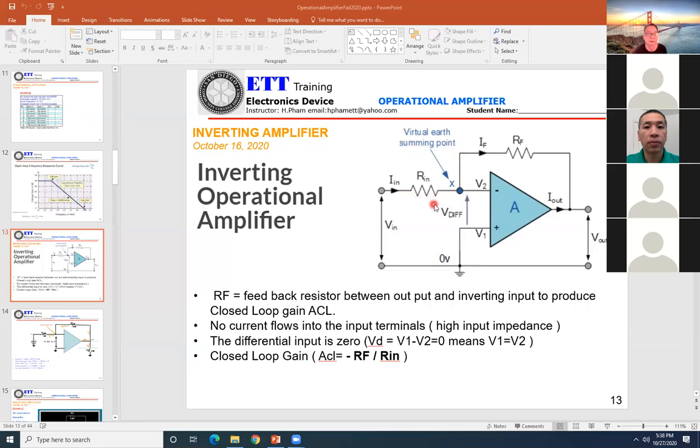That's why they claim it is virtual. Current can flow through. So the current still goes through, but we're saying the voltage is 0, even though it's going through Rin, the resistor Rin. There must be a voltage going through there. Yeah, the voltage still goes through here. So that's why this is a virtual ground.